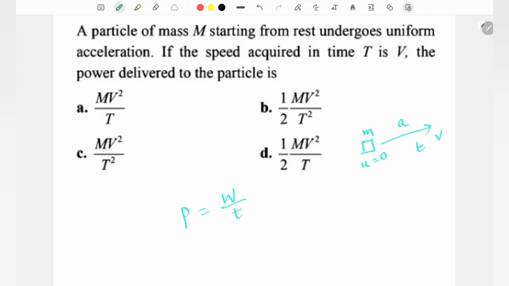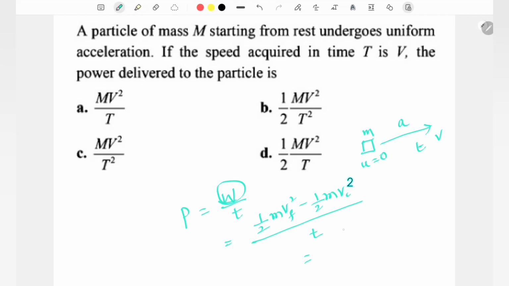The rate of change of work is called power, which is equal to, from the work energy theorem, we can write half m v final square minus half m v initial square, divided by t.